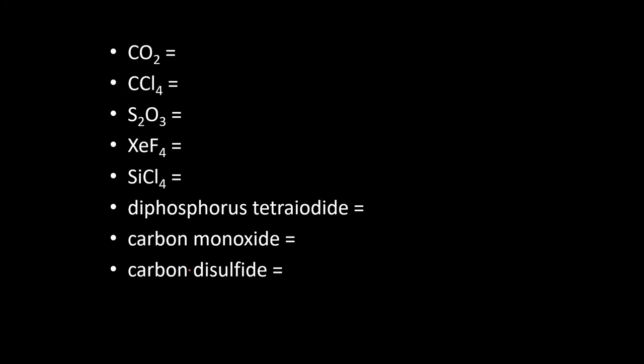So, we already did that first one on the previous page. The second one here, we have a single carbon and 4 chlorines. Because we have only one of the first element, we are not going to have monocarbon.